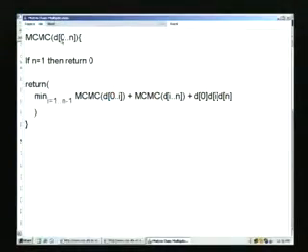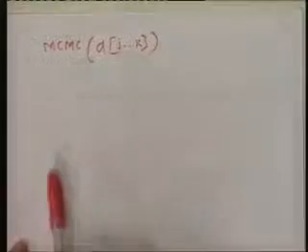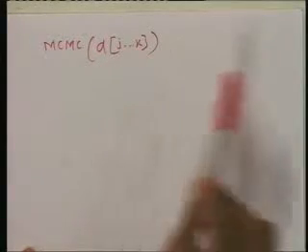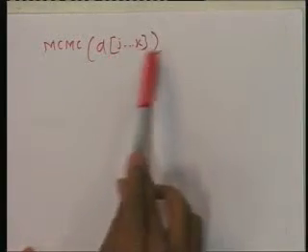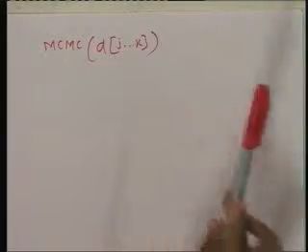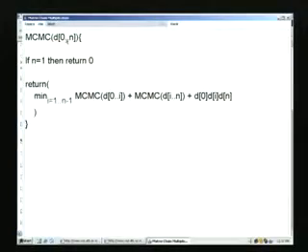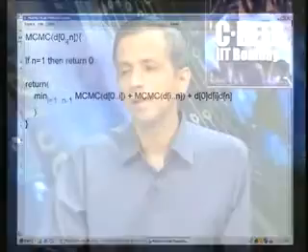So, here is our basic procedure MCMC. This is being called, and the parameters over here are the entire subrange 0 through n. However, we want to call it with this subrange. We will assume of course that the compiler will rename and make this appear like 0 through n, but when it does that, how exactly will this execute? What exactly will this return? That is what we need to understand.